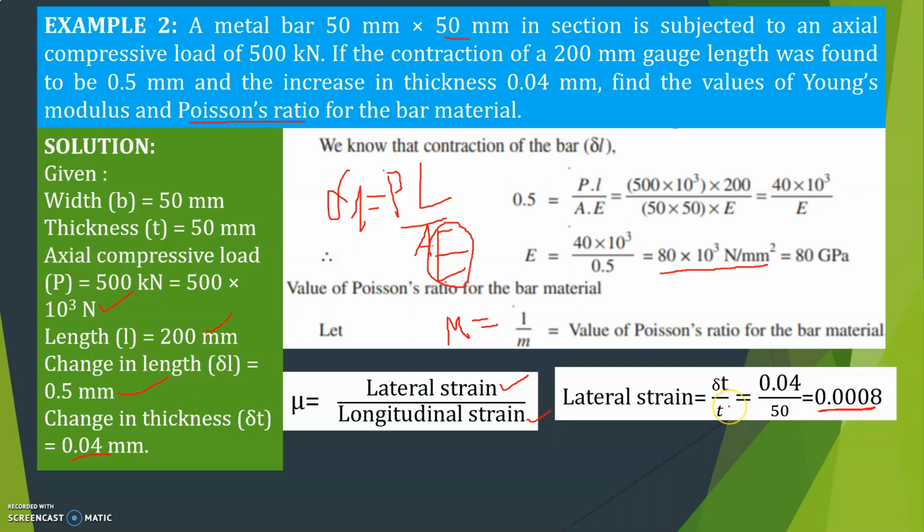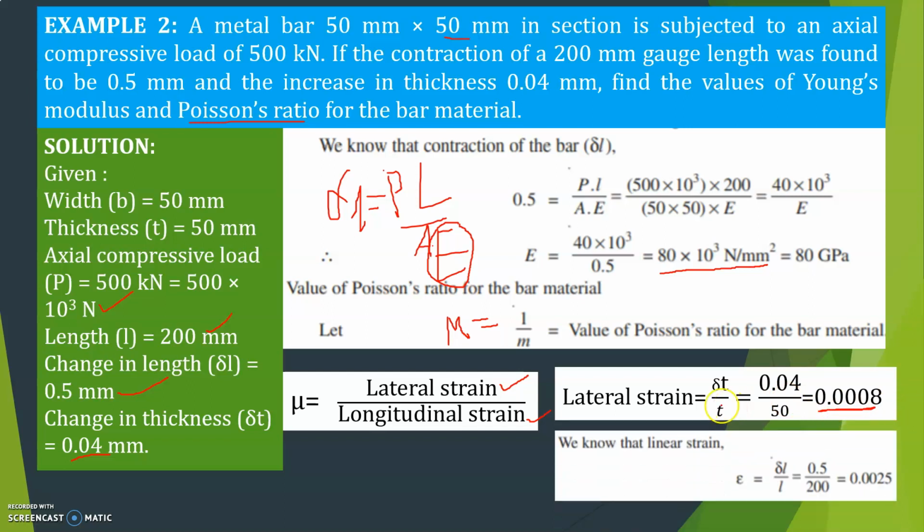Over. Next, we'll find what is linear strain. How can you calculate linear strain? Linear strain is nothing but the change in the length divided by original length. It is the deformation that happens along the line of the axis of the force. Correct? So linear strain is equal to change in the length divided by original length.